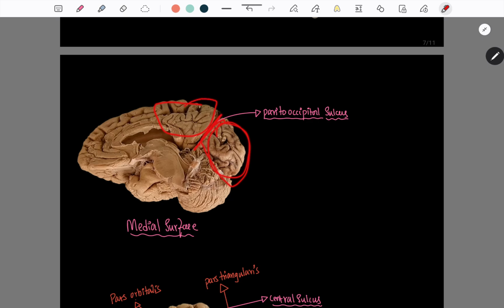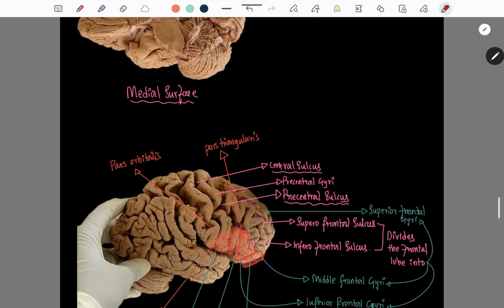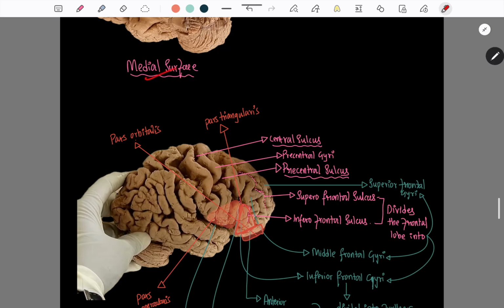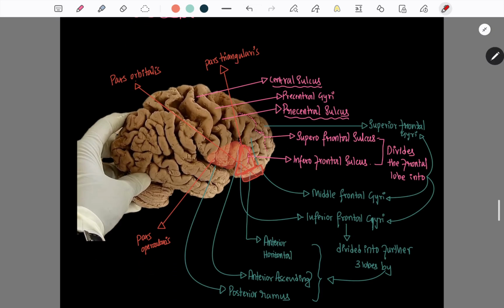The name itself says it: parieto-occipital sulcus. That was the medial surface.